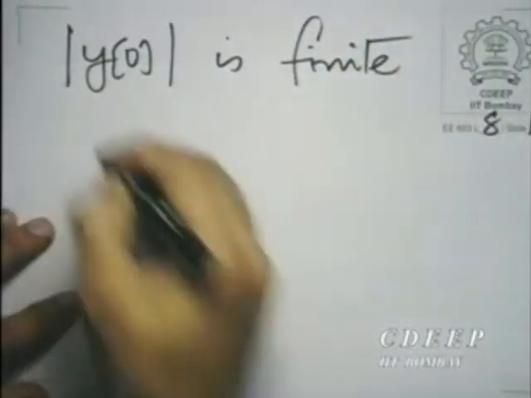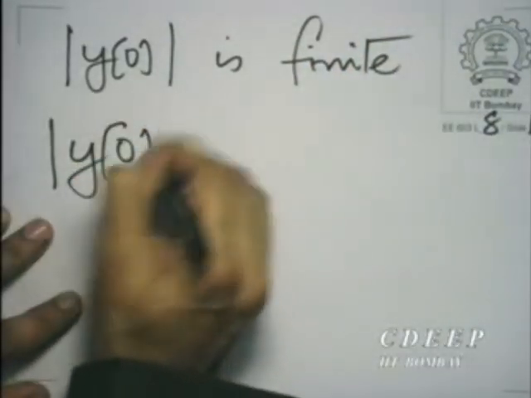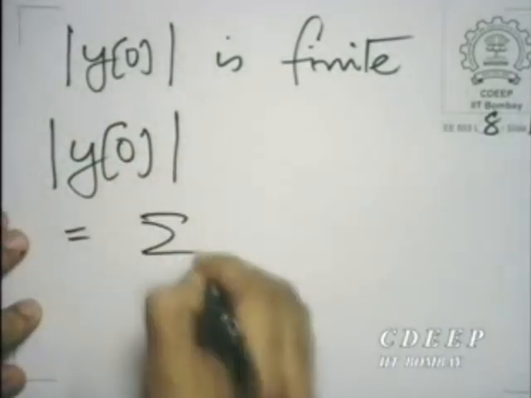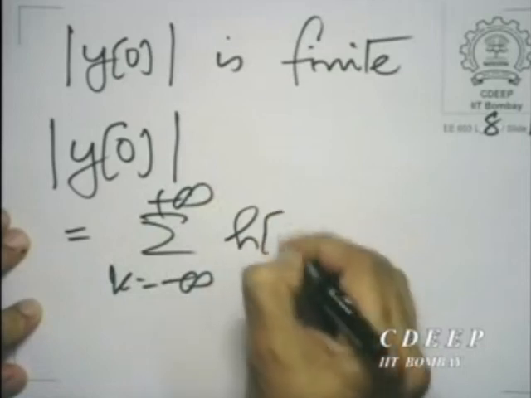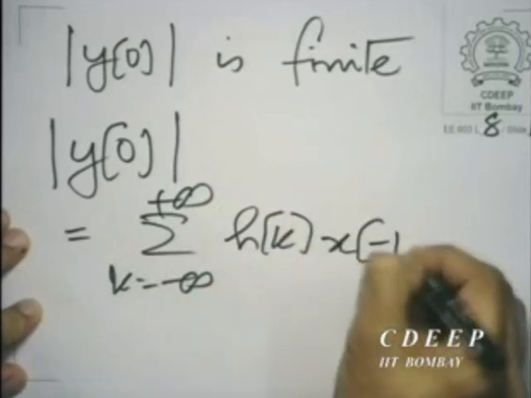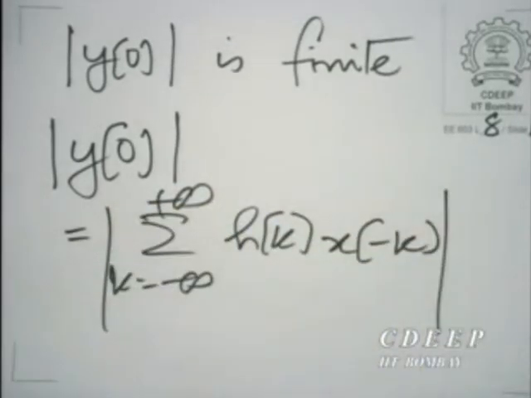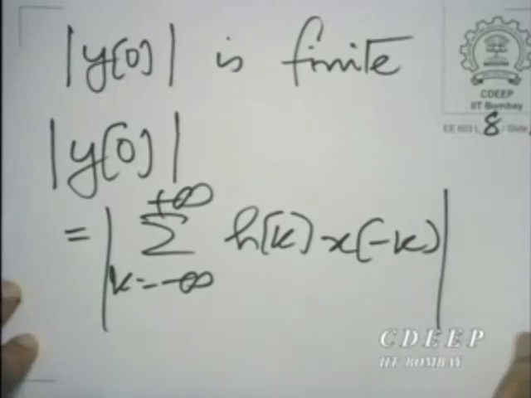And what is mod y[0]? Mod y[0] is the modulus of summation k going from minus to plus infinity of h[k] x[minus k]. And now let us very wickedly choose x[minus k].